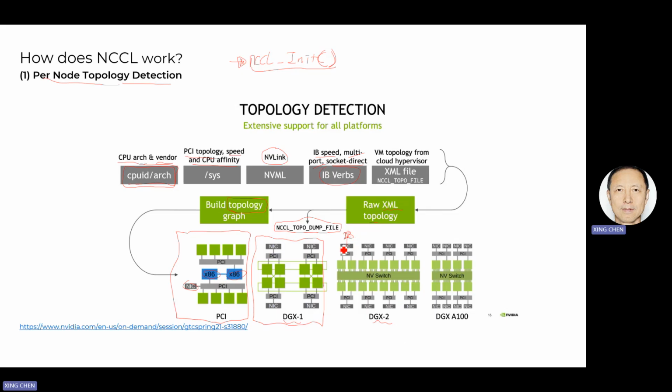And then there is also this DGX A100 system. NCCL is going to build up a topology graph for each node that is going to be involved in your computation.